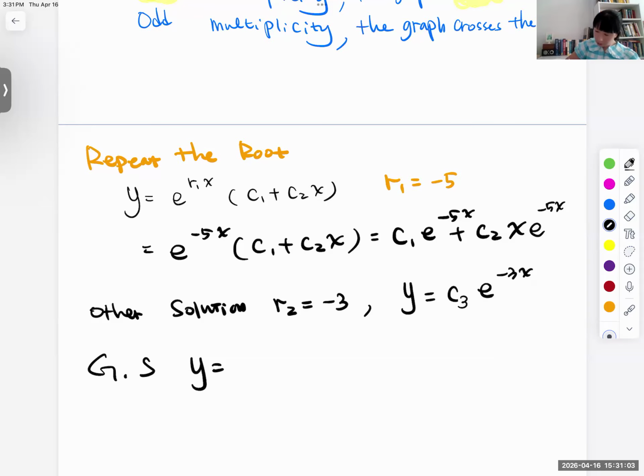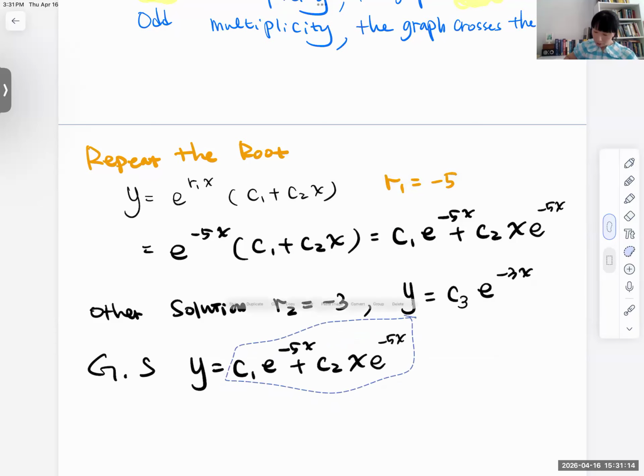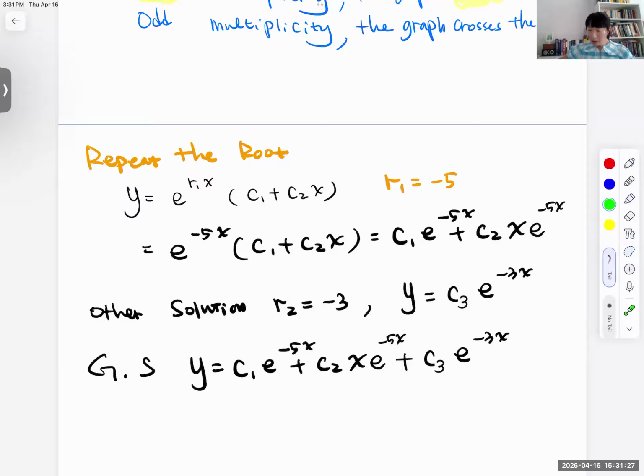So y equal to, copy this one, and plus this one. Yeah, this is the form of the real solution. Yeah, so one term.